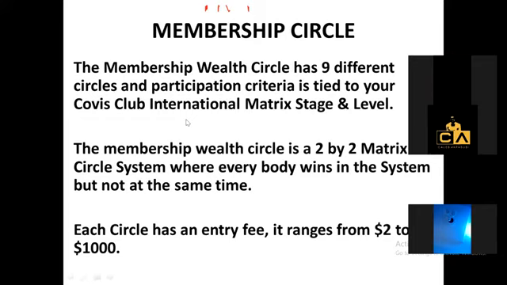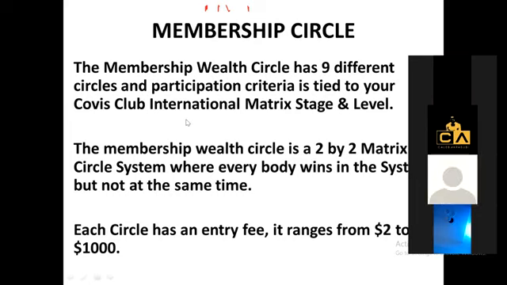Now, the membership profit cycle is a 2x2 matrix cycle system where everybody wins in the system, but not at the same time. I'm going to explain all of that. Each cycle has an entry point or entry fee that ranges from $2 to 1,000 USD.